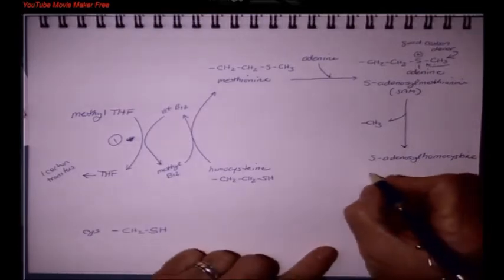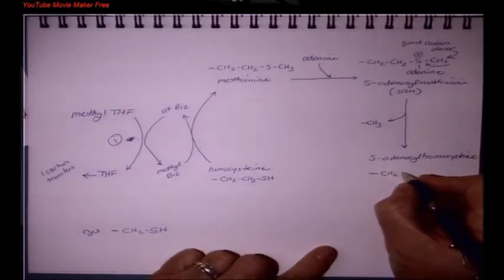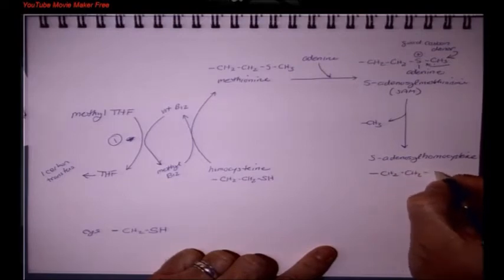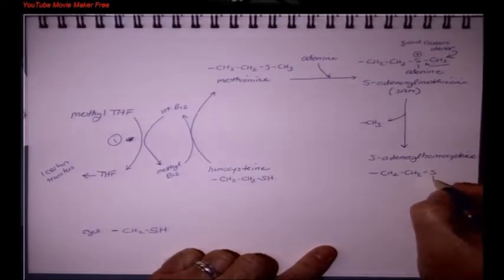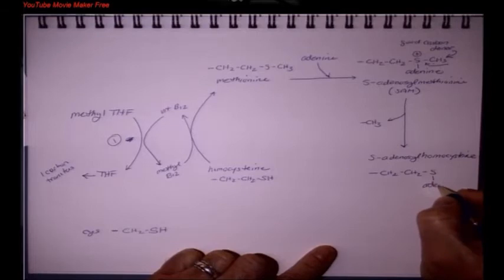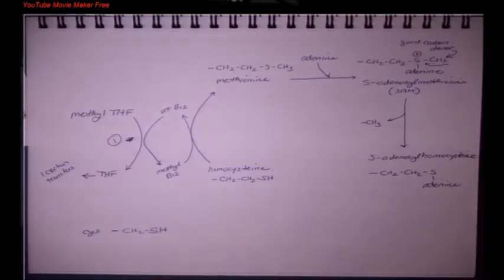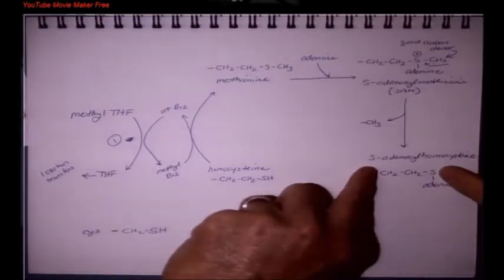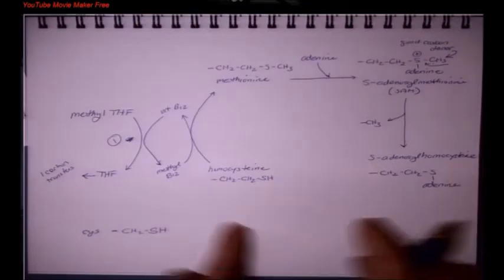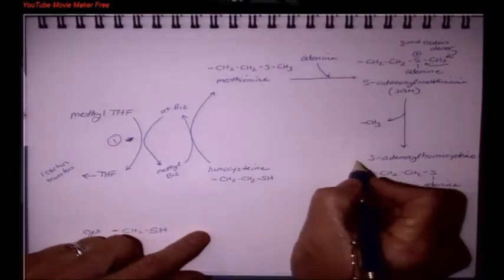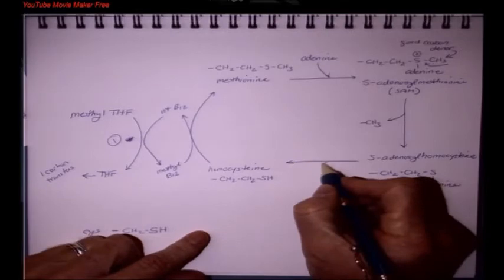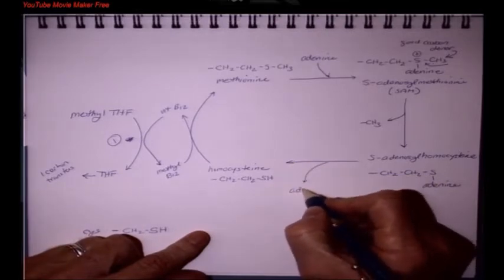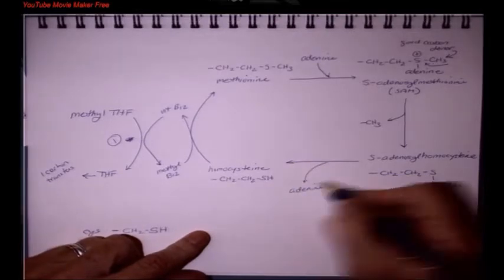Because the form of this is back to this structure. And here's our homocysteine. And so now to get back to homocysteine, we simply remove the purine base.